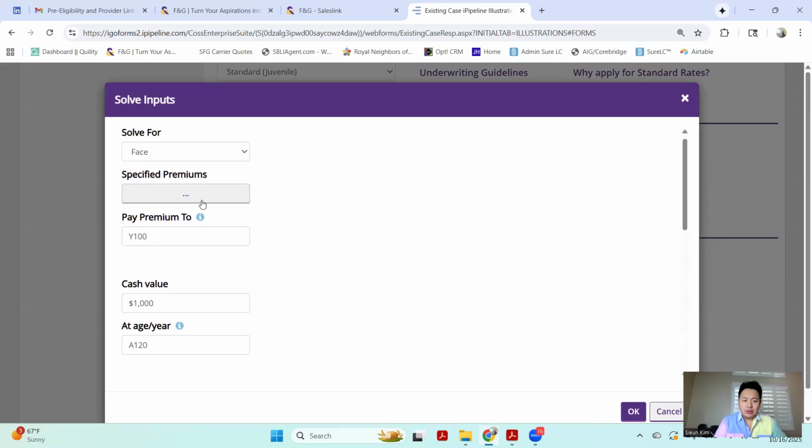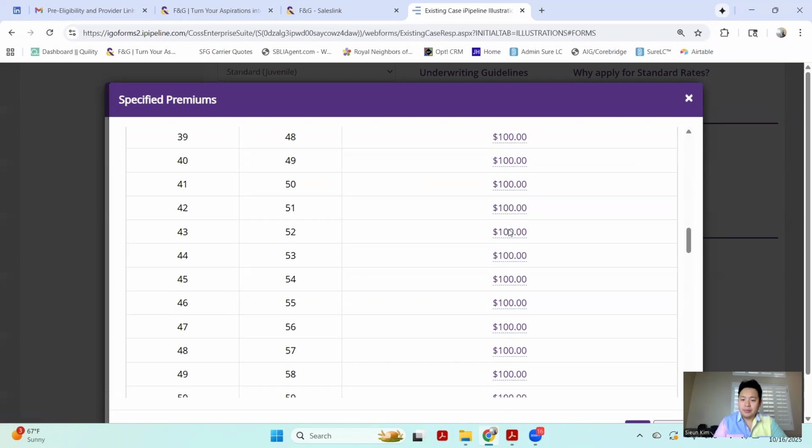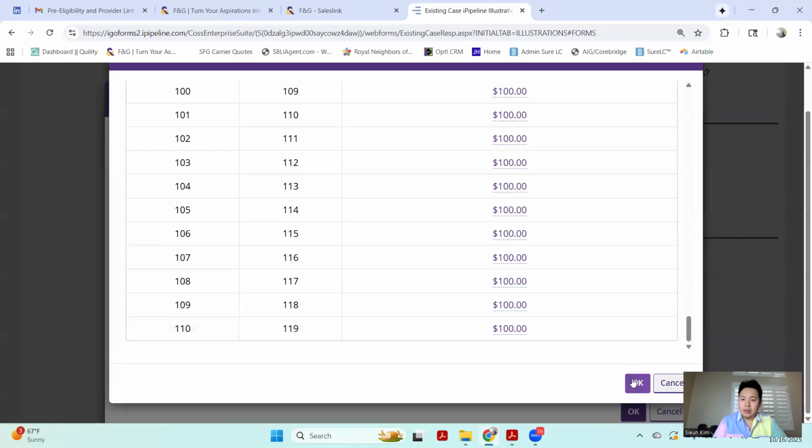And first of all, you can do a specified premium. Most parents have a number figure for how much they want to put into it on a monthly basis. So for monthly premium, you click on this. And let's just say a client wants to put $100 a month into this. I'm going to put 100. Go down and click OK.